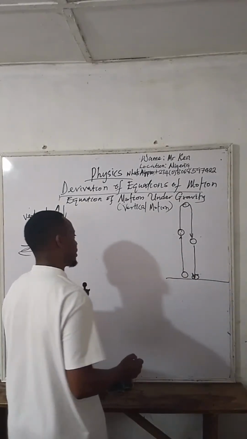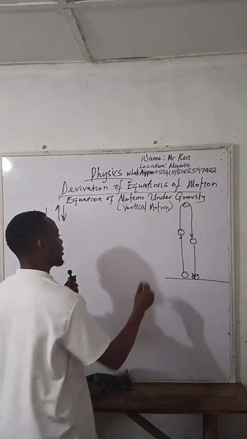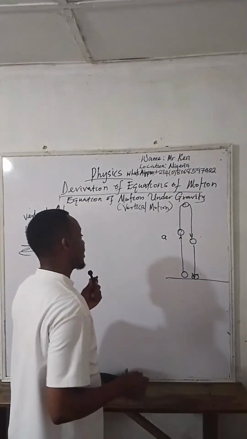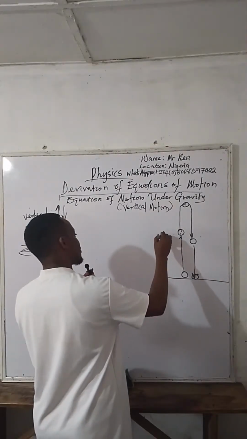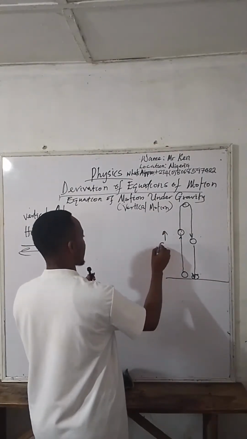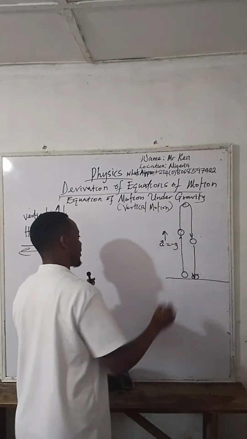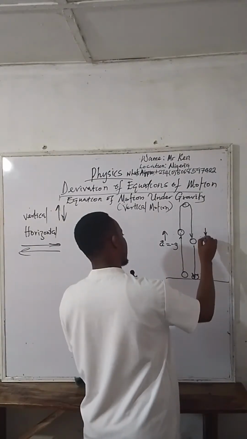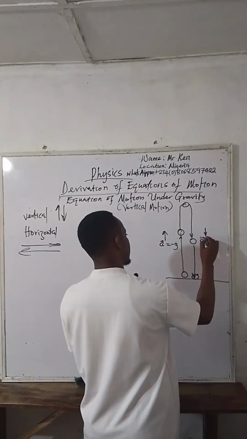When an object is going up, it is going against gravity, so acceleration is against gravity: a is equal to minus g. When an object is falling down, it's falling under gravity: a is equal to plus g.